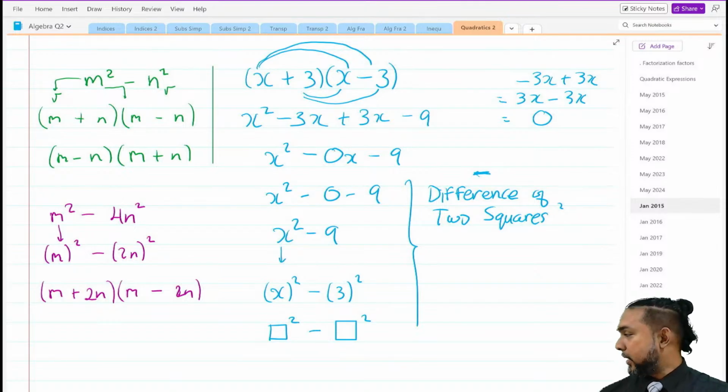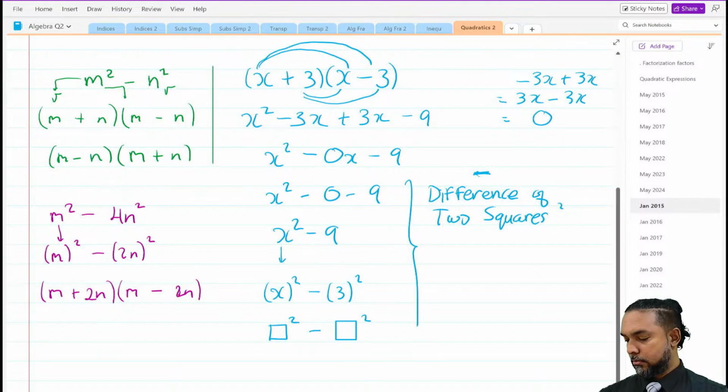Google Meet, I didn't ask you guys for a while, so sorry about that. If you guys are good with what I've explained with the difference of two squares, give me a quick chat now, please. All right, cool.